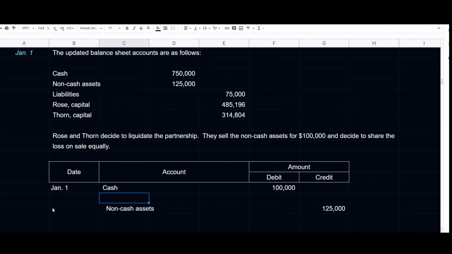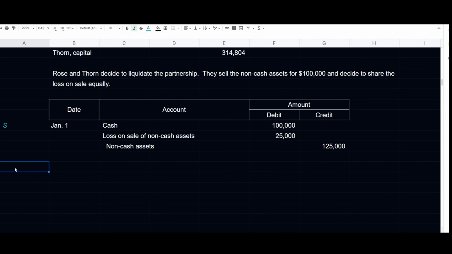We can see here that there is going to be a loss on the sale of non-cash assets, in this case of $25,000. This gets back to some of the steps we've reviewed, where step 1 in liquidating a partnership is to sell the assets.